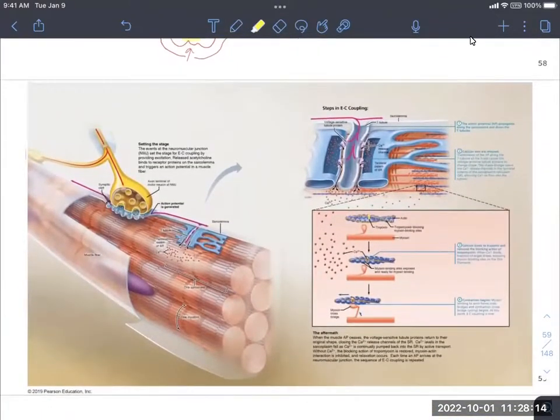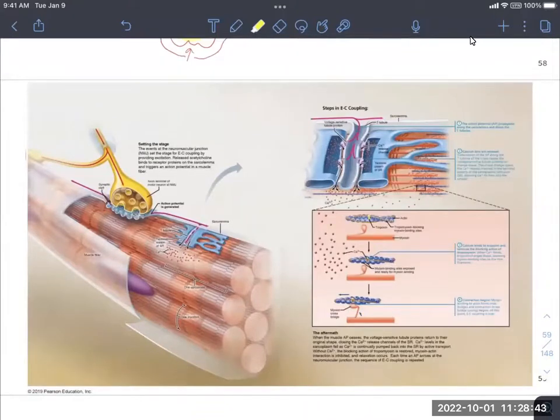So this is showing we have our nerve that's attaching to this muscle cell. It's sending the acetylcholine into that synaptic cleft that is causing sodium to rush into the cell, which will cause the voltage gated channels to open and potassium to go flying out of the cell, which causes that action potential to be sent all the way down the cell.